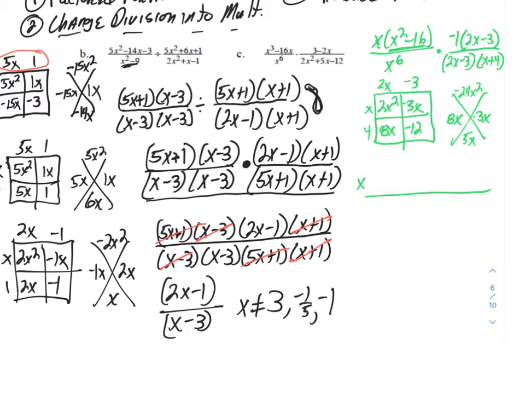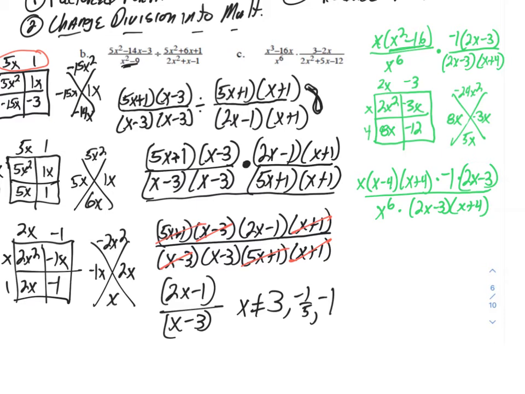X squared minus 16 is x minus 4 times x plus 4 times a negative 1 times 2x minus 3 all over x to the 6th times 2x minus 3 times x plus 4.